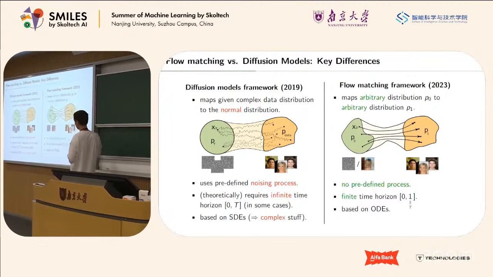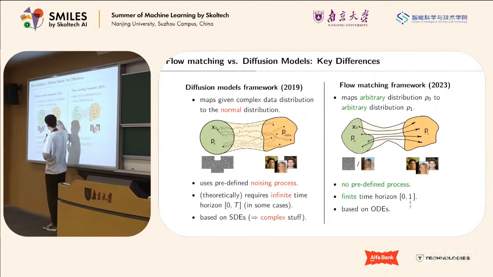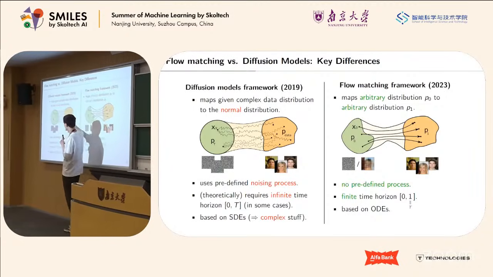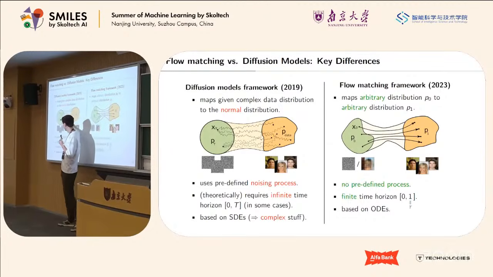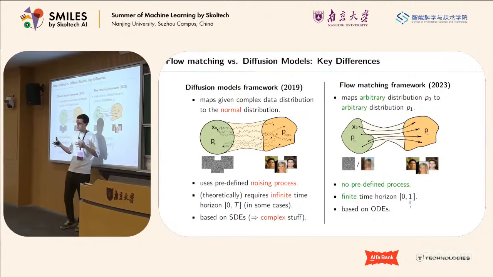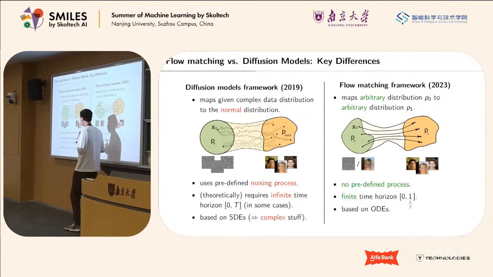We'll focus just on the difference between diffusion and flow matching. So in diffusion, what we did, we had some data distribution, we had some process which destroys the information about this data and at some point converges to some simple distribution, some Gaussian distribution, some noise distribution. And the training was to revert this noising process.